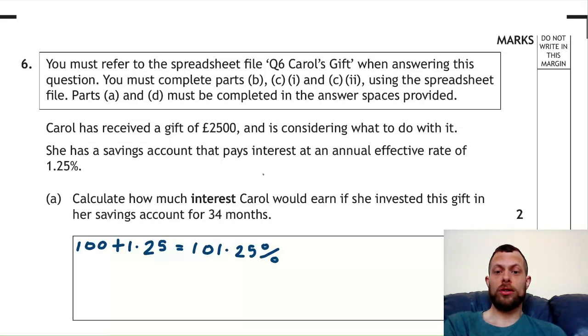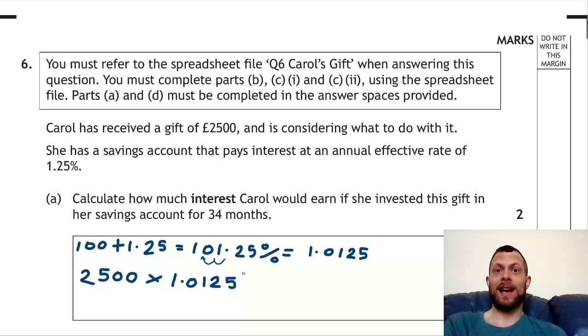So add 100 and then divide by 100, decimal point moves over 2 places and you get 1.0125. Now this is something you may be able to do without any working, but if you're unsure, remember the steps. Then we take the 2,500 times 1.0125.